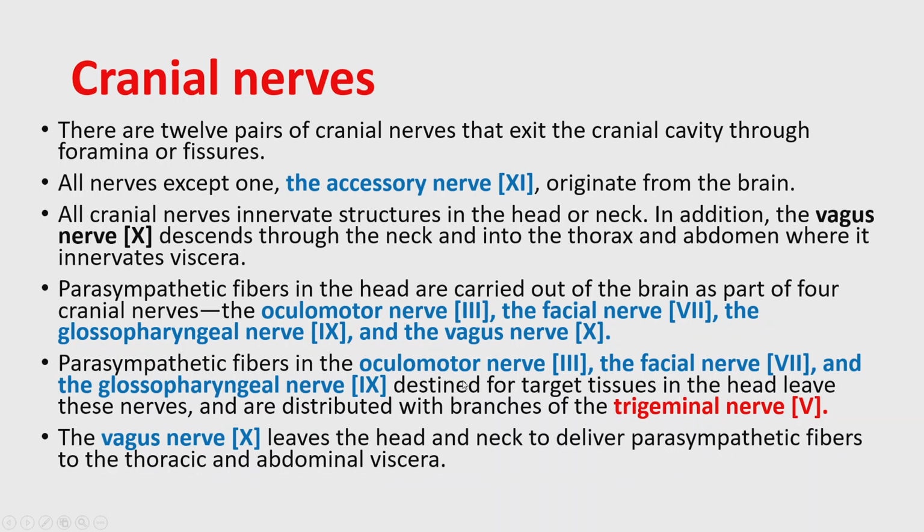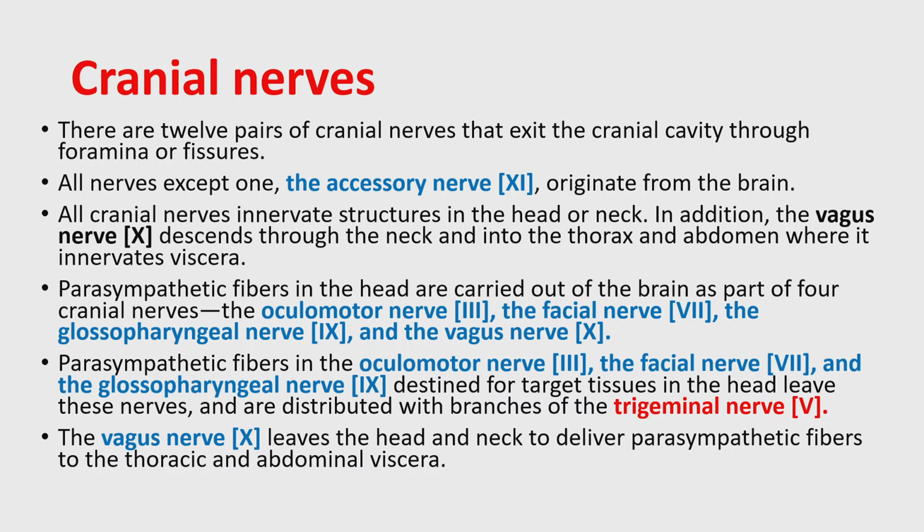The fibers going to these targets travel via the branches of the trigeminal nerve and the parasympathetic ganglia, which we are going to discuss in more detail. The vagus nerve carries this parasympathetic fiber not only in the head and neck but also in the thoracic and abdominal viscera.